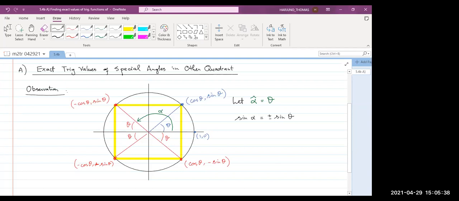In this case, because alpha is in quadrant 2, sine alpha equals positive sine theta. Cosine alpha is plus or minus cosine theta. In all alpha that have the same reference angle, so not only this alpha here, even if I go to this alpha or this alpha here.